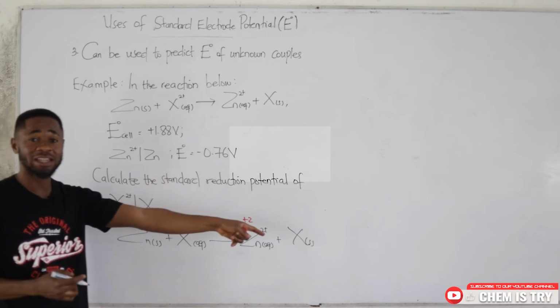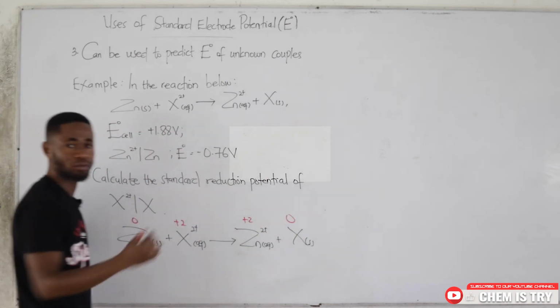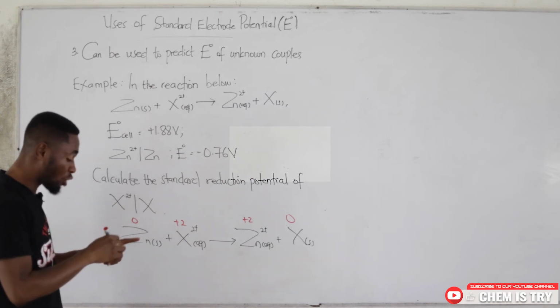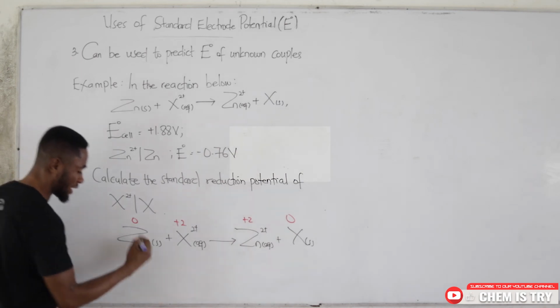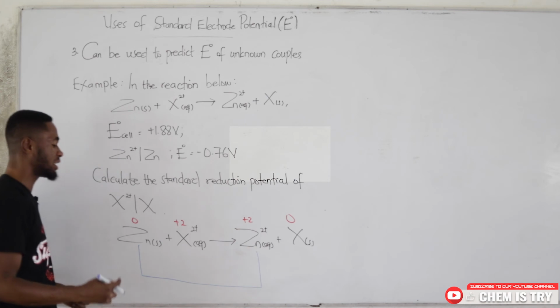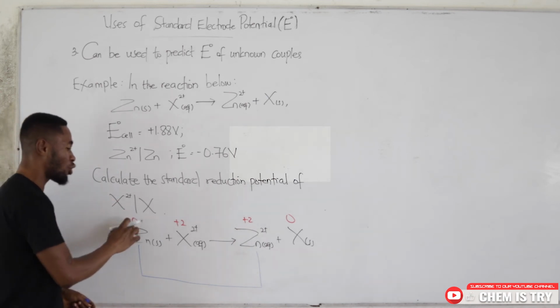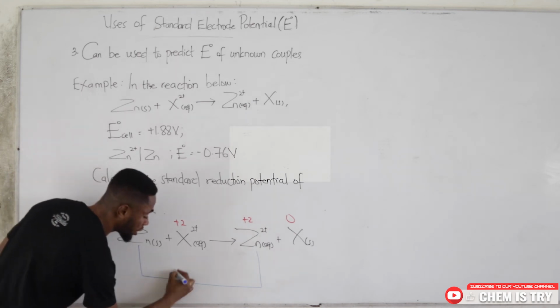Then X is an element standing there alone, so its oxidation number is equal to 0. Comparing these oxidation numbers, when we consider zinc, you realize that zinc has its oxidation number increasing from 0 to positive 2. So it is undergoing oxidation.